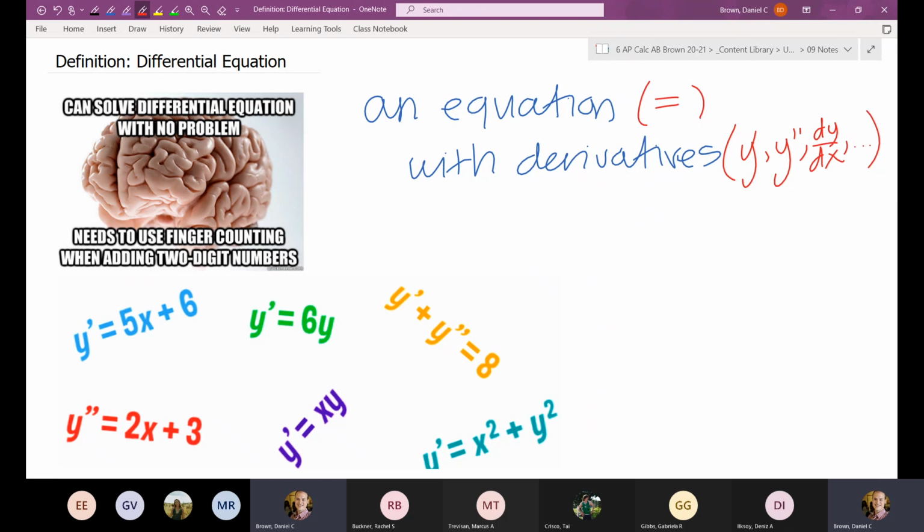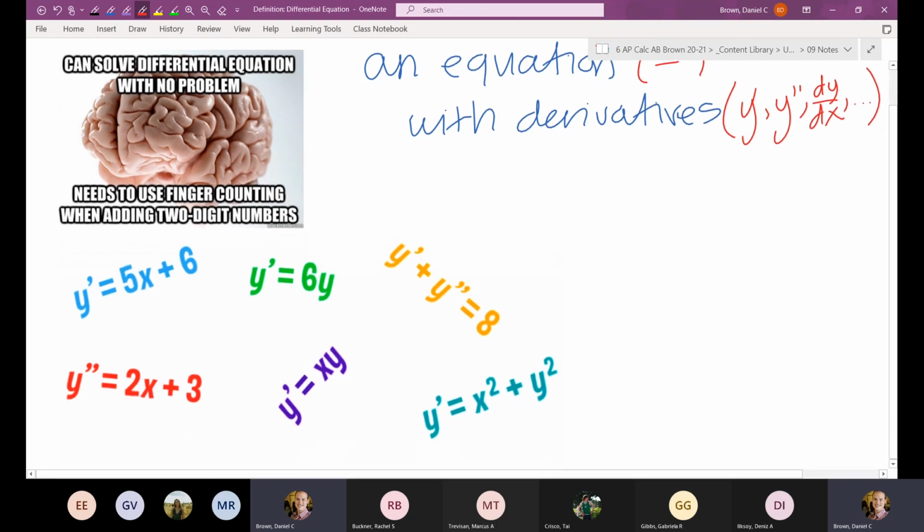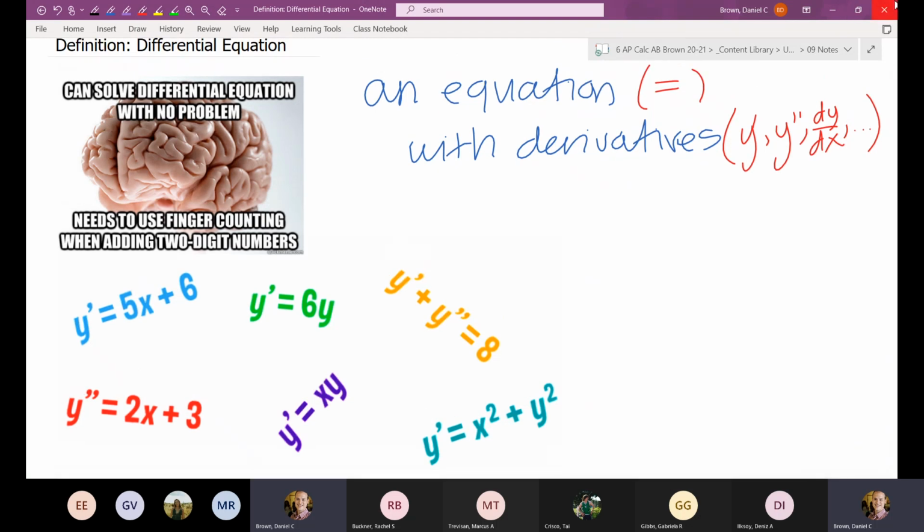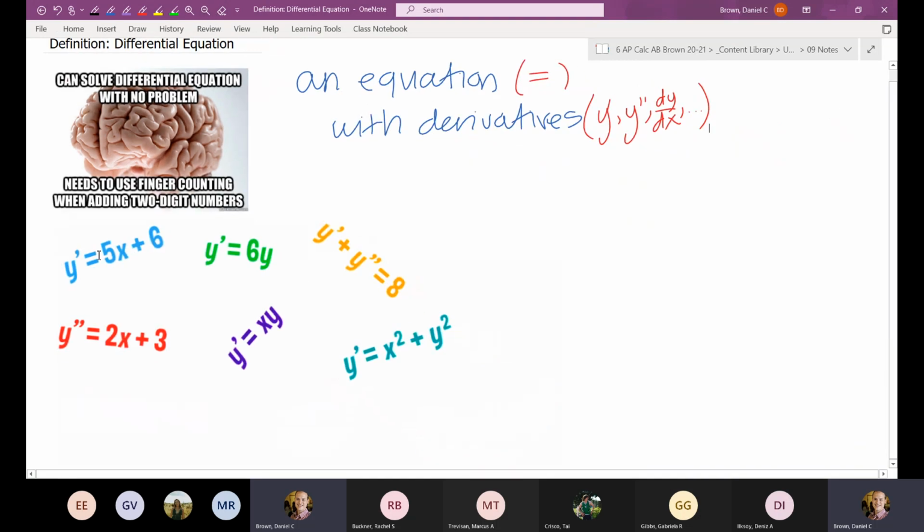On the bottom of that page, in different colors, I just have a bunch of differential equations. Some of those I think are recognizable, some of them not so recognizable. Like that first one in the teal color, or light blue, y prime is equal to 5x plus 6. That's just the first derivative of something, but that is technically a differential equation.